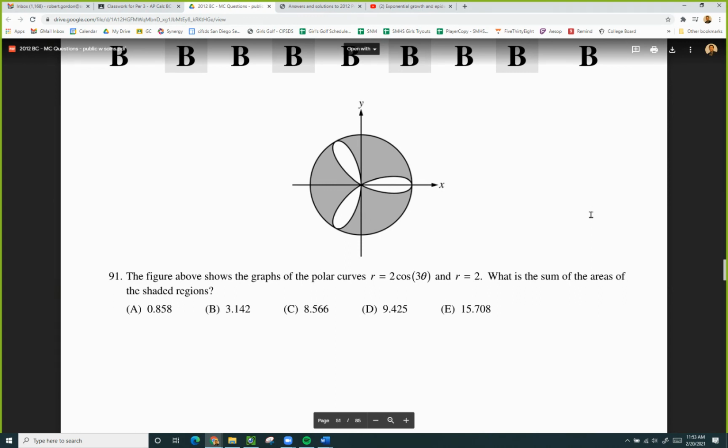It might be different. I don't know. Polar coordinates, curves, and equations, if you want to title it. Okay, so polar example, 2012, number 91.